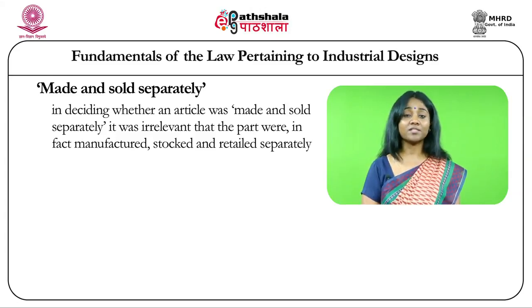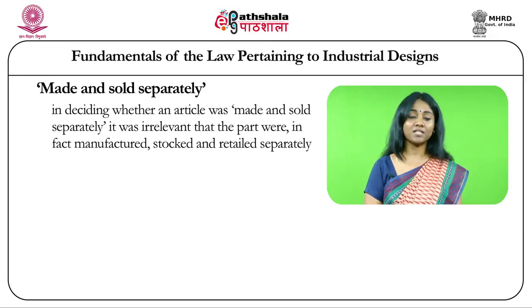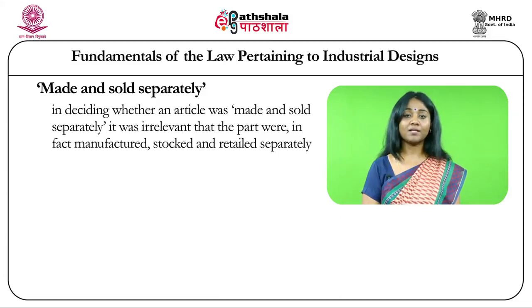However, what is important is that since the visual effect needs to be applied to an article, this application has to be done in a way which can be removed from the article and is not intrinsic to add a functional value to such an article. And therefore, design goes on to protect only the ornamentation or the visual effect.